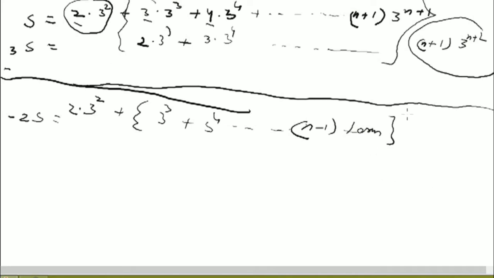Now we have identified the in-between series to be in GP. We apply that formula and we will get the S. So following this method we can find the sum of an AGP series, that is, an arithmetico-geometric series involving terms in AP as well as in GP.